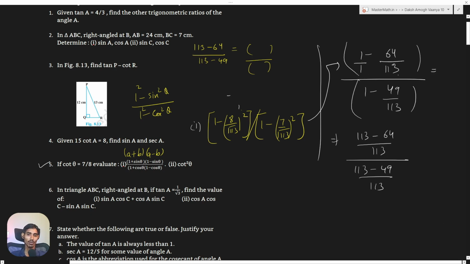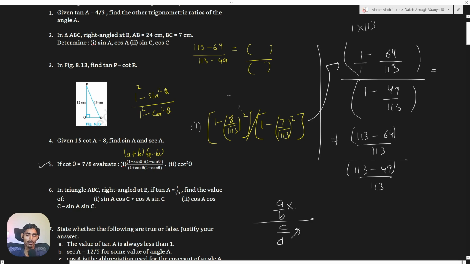So 1 by 1, how do you take the LCM? 113 would be the LCM. So 1 into 113, because that's the LCM we have taken, minus 64, and this also minus 49. And now see here, A by B whole divided by C by D. What do we write?